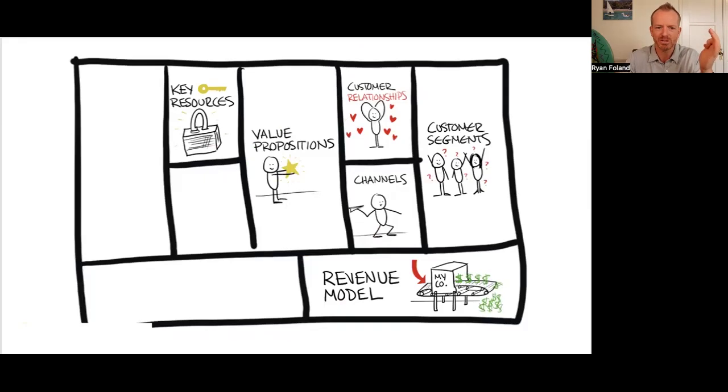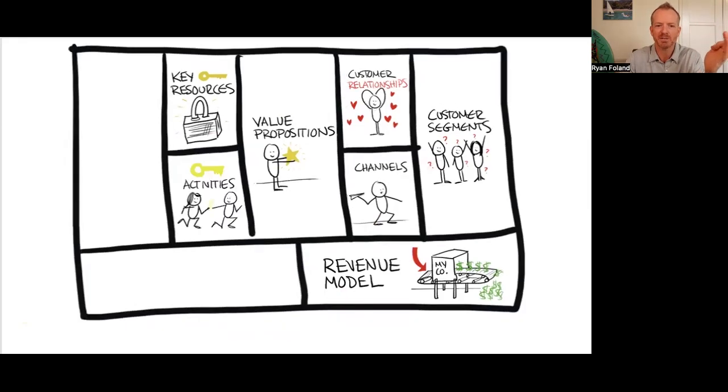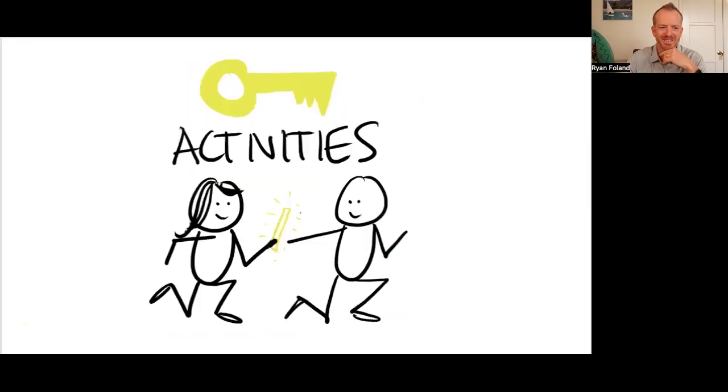So the key resources are only matched by your key activities. The difference is what you need to have, which are your resources, and what you need to do, which are your activities. And the reality is, as a startup, you have so much stuff to do, but you have to think about the most important priorities.